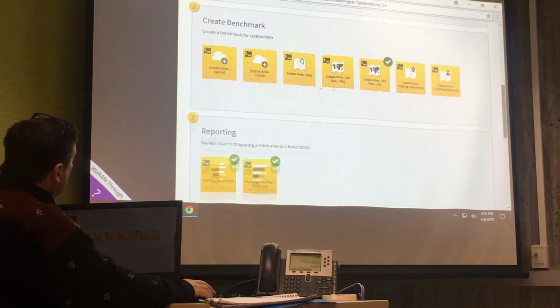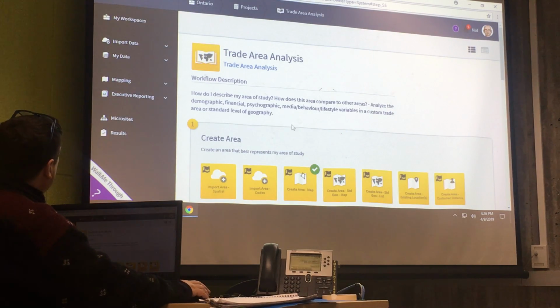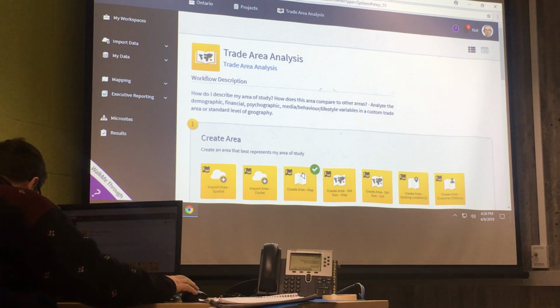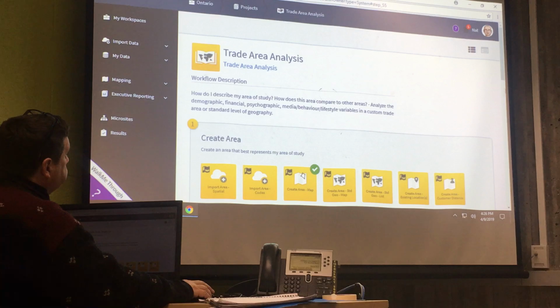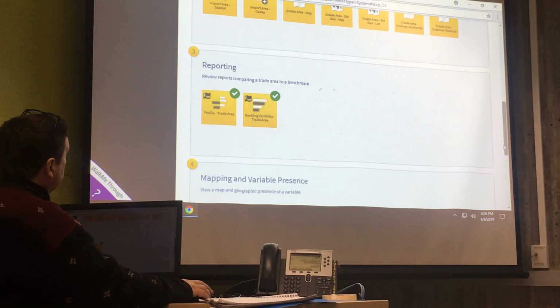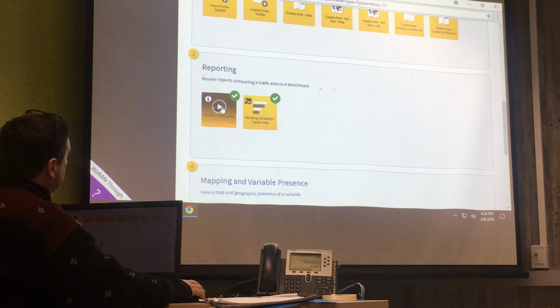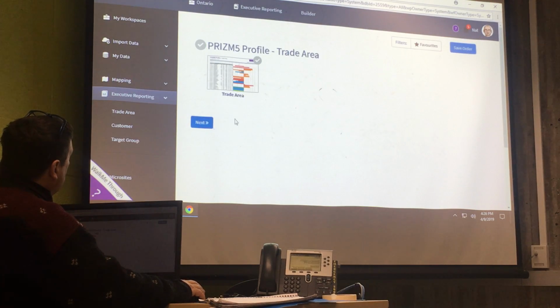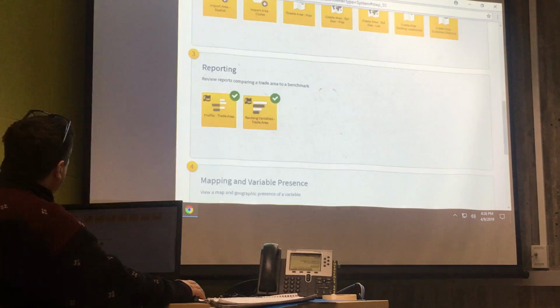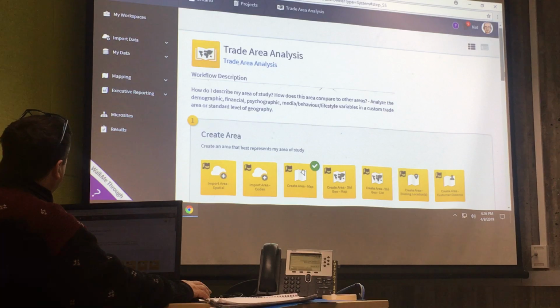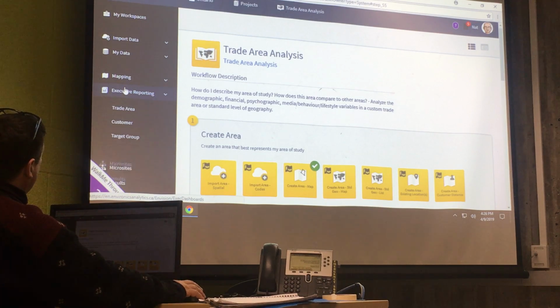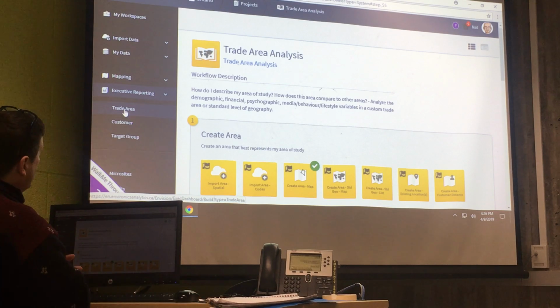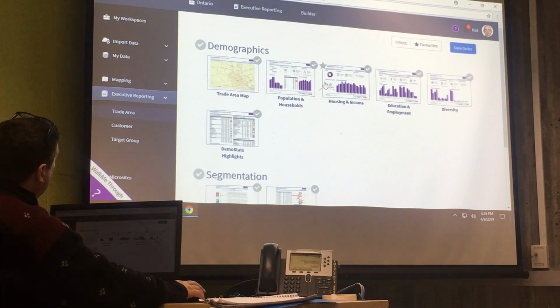Now, back to here. Okay, so we talked about the different segments. And then there's also, which will help you in your analysis, if this makes it very, very simple for you, executive reporting. So we have here the trade area map.